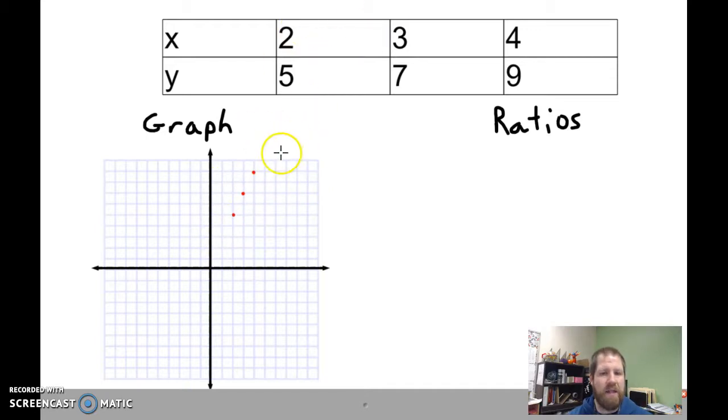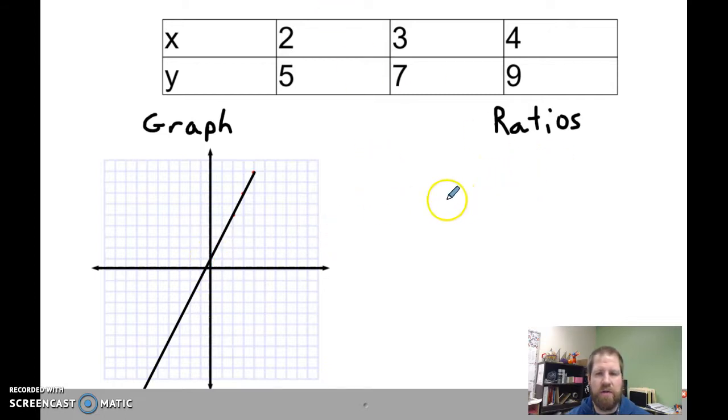My line is still linear. But now, if I draw my line and line everything up, it's not crossing at the origin. It's crossing up here at 1 for my y-intercept. That means it's still a linear equation, but it is not a direct variation equation.